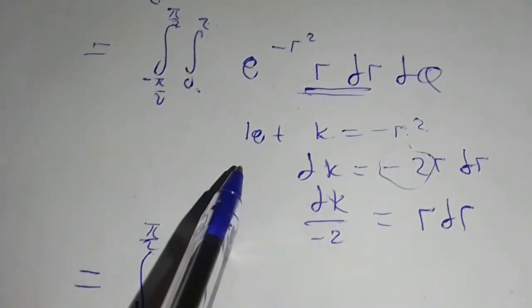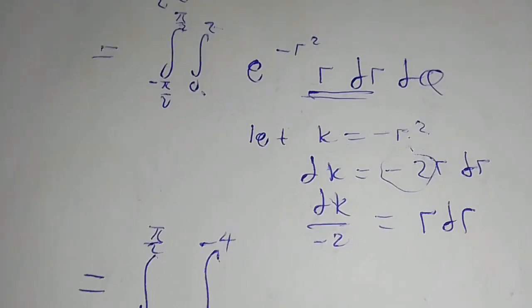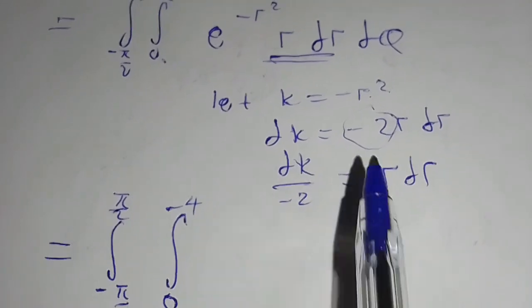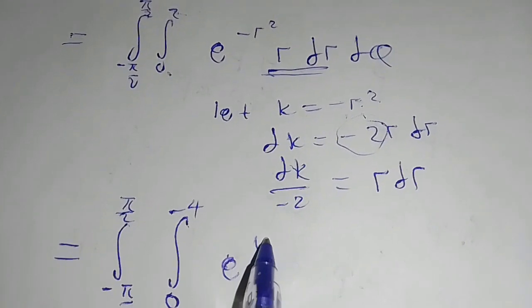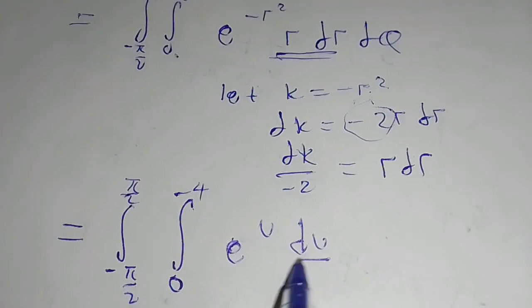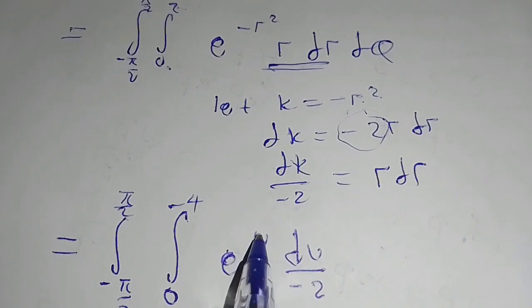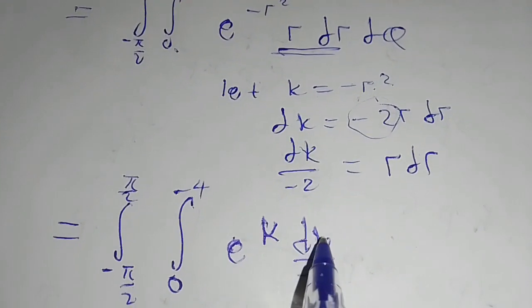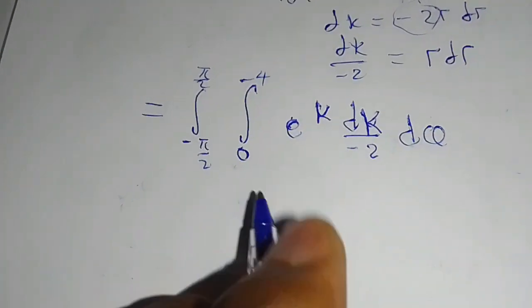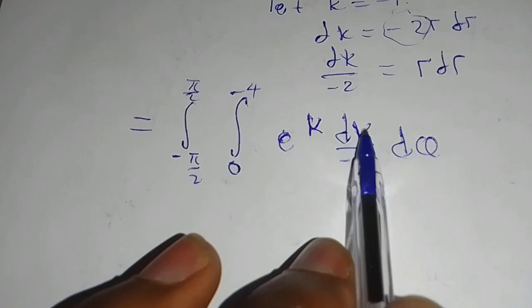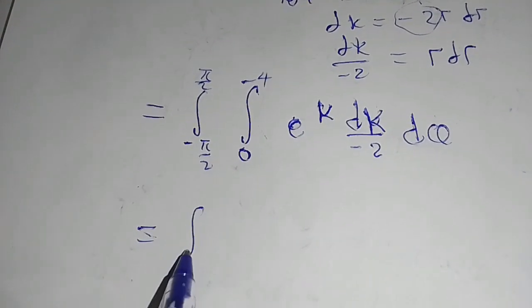And you plug in 2, then you basically have minus 4 right there, because 2 squared would be 4, and you have a negative sign right there. So you end up having e to the power of k times dk over minus 2, d theta right there. So what do we know about e to the power of k? The integral of that with respect to k would basically remain the same, right?